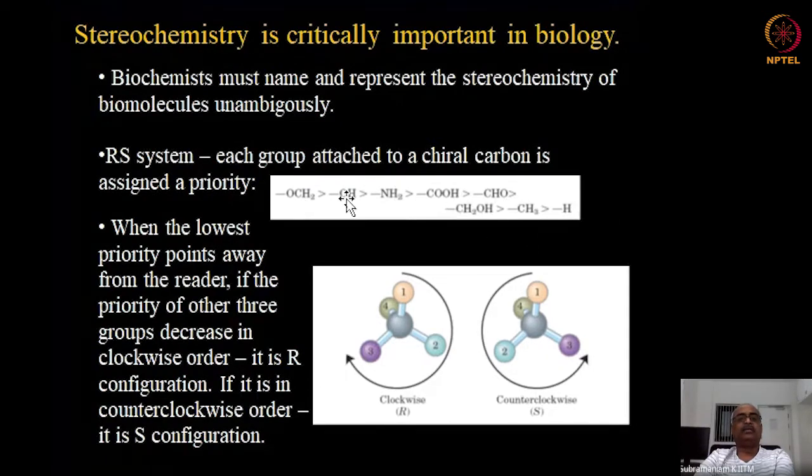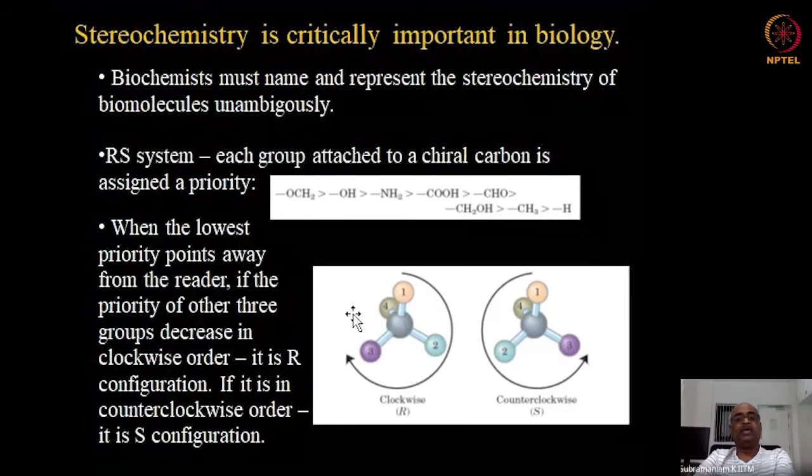This is the increasing order of priority. Now if you take a molecule, and the lowest priority, priority 4 among priorities 1, 2, 3, 4, points away from you, and the other priorities decrease in a clockwise direction, 1, 2, 3, then this is R configuration.